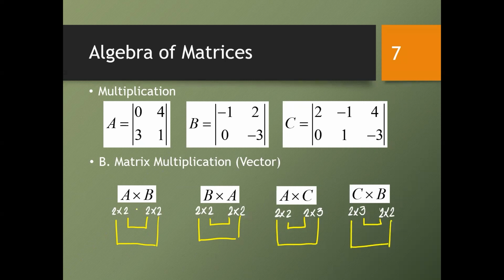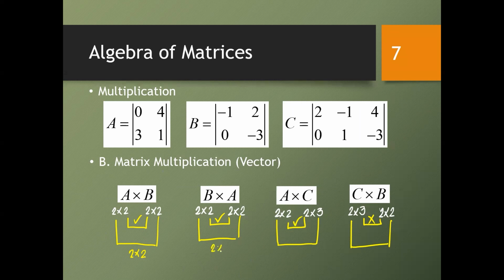Are the means the same value? Yes, 2 and 2. Are the means the same? Yes. Are the means the same? No, not the same. So if the means are the same, you can multiply the matrices. And the extremes give us the dimension of the final matrix.